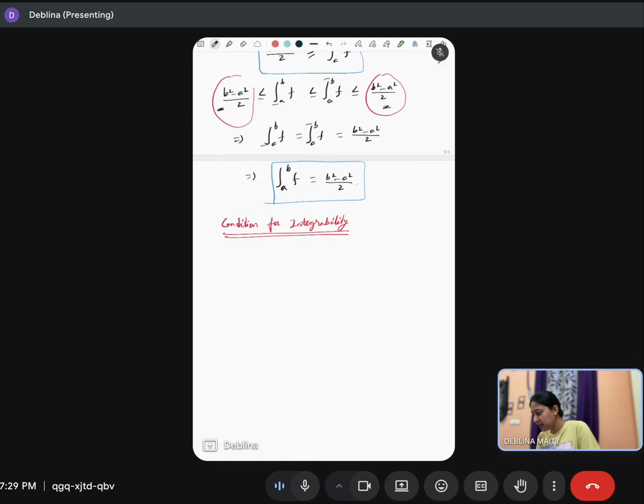Let f be a bounded function on this interval [a,b].